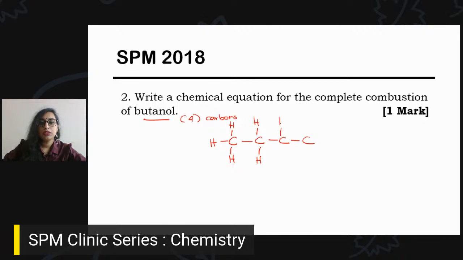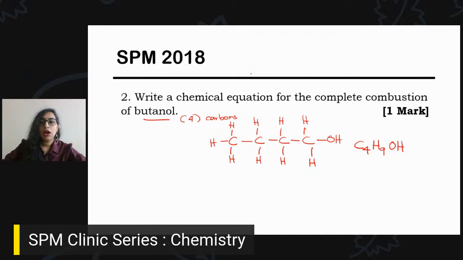For the carbon here, 2 H atoms. For the last carbon, you will have H, OH, and H. So the formula is C4, with 1, 2, 3, 4, 5, 6, 7, 8, 9, so it's C4H9OH. This is the molecular formula for butanol.